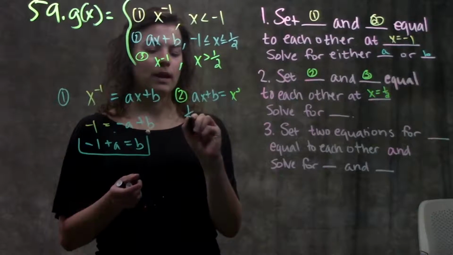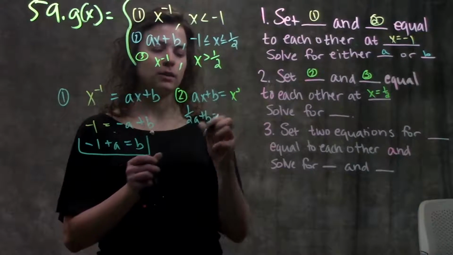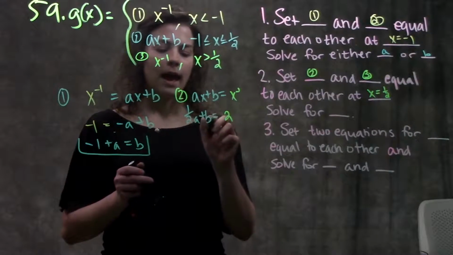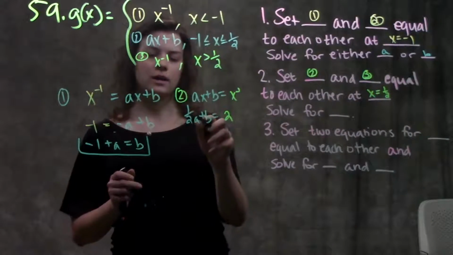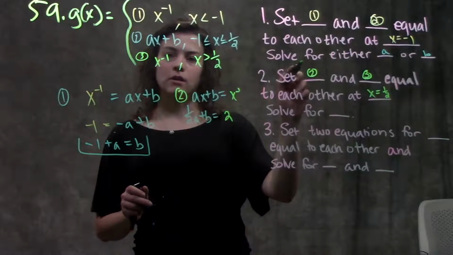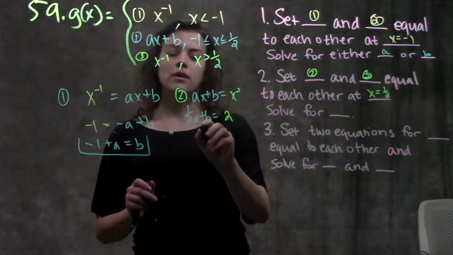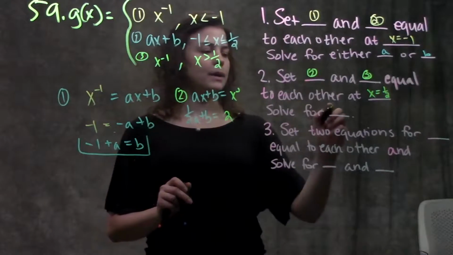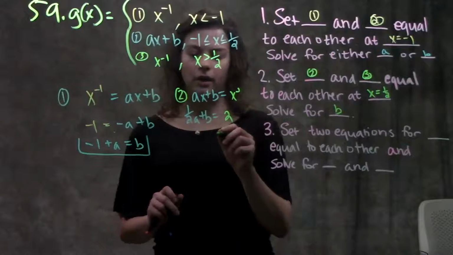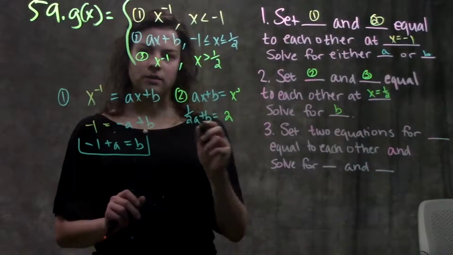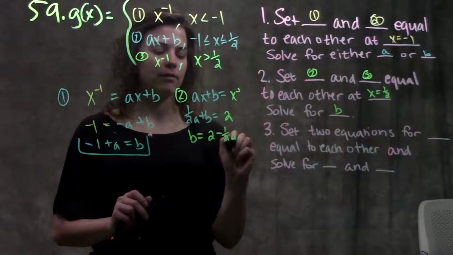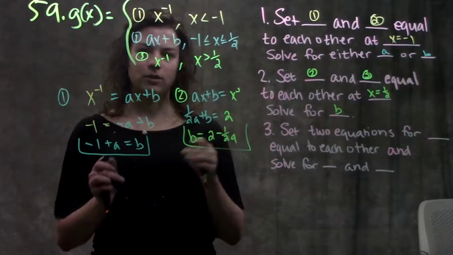On the left, I get 1/2 a plus b is equal to 1/2 to the negative first power, just gives me 2. And what I'm going to do from here is whatever variable I solved for in this first step, I'm going to solve for the same variable here. So since I solved for b over here, I'm going to solve for b again in this part. To solve for b, I just subtract 1/2 a over, and I get b is equal to 2 minus 1/2 a. I have this equation.